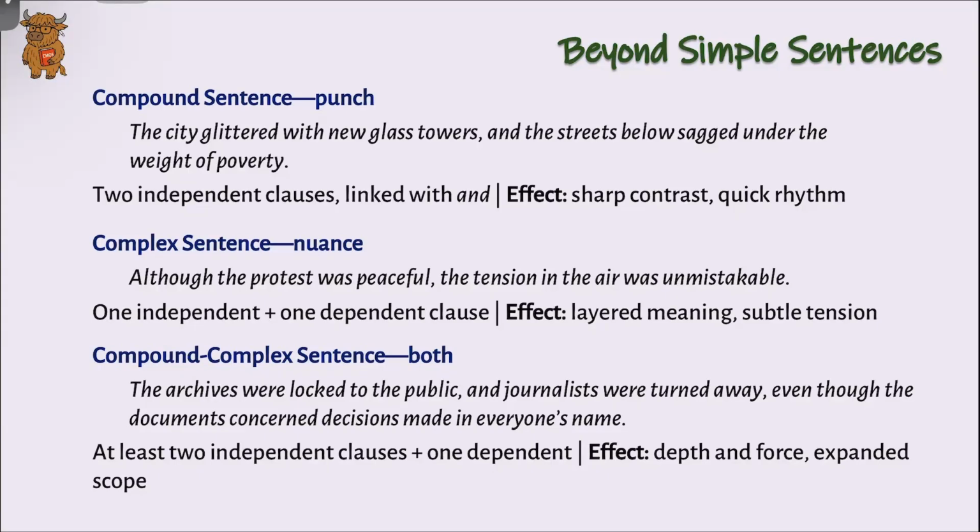Is that independent or dependent? Independent. "And journalists were turned away," independent or dependent? Independent. "Even though the documents concern decisions made in everyone's name." So the "even though" makes it dependent. And now it's an adverbial clause.